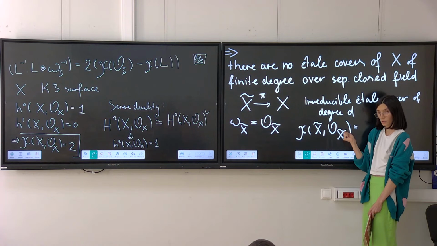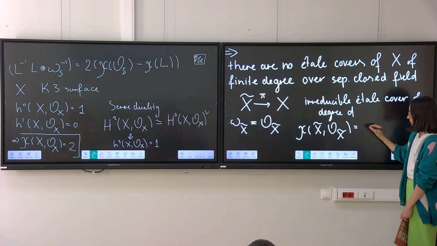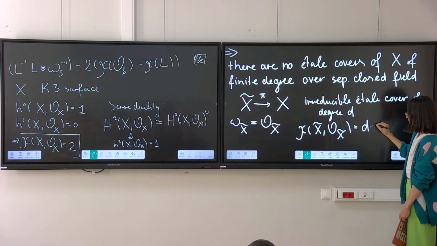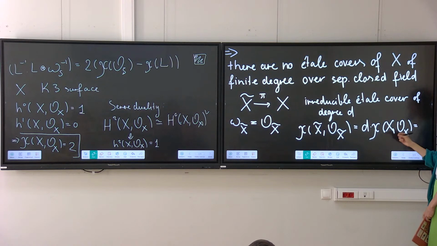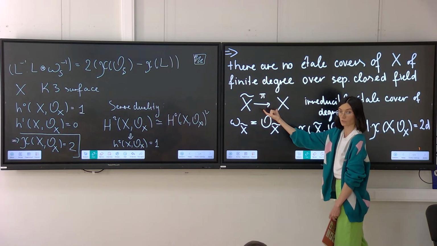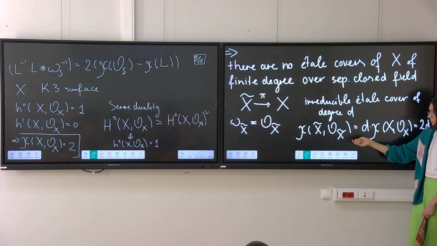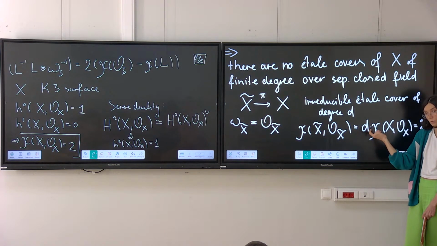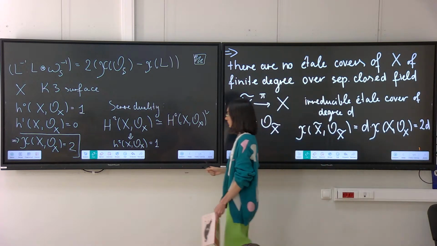So this means that the Euler characteristic of this thing will be D times, and what is this? We just computed it: 2. Right. So when we have an unramified cover of degree D, we have this equality, just because we can consider the push forward of this sheaf, and we will see that the Euler characteristic will be D times the Euler characteristic of the base.